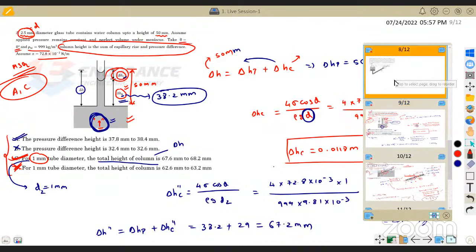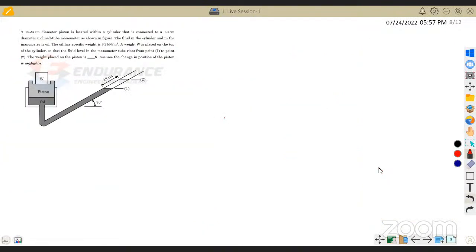One more question. This is also from pressure measurement. Try solving this.